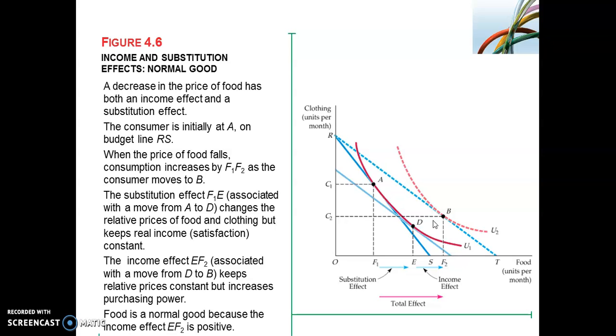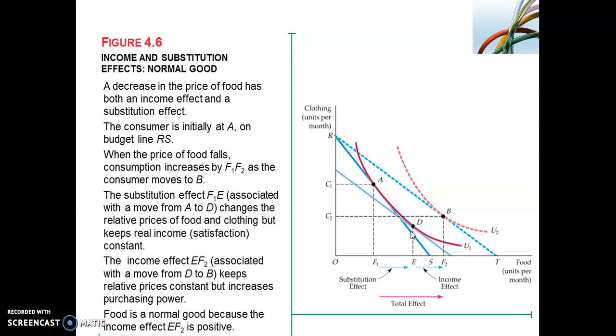So recall that the substitution effect is the change in consumption of a good. In this case, the change in consumption is food, given the change in price of food, while utility is constant. So food is now relatively cheaper than clothing. So the consumer consumed more food now, as seen in that movement from F1 to E. So we can see the consumer has consumed more food when this movement along that curve took place.